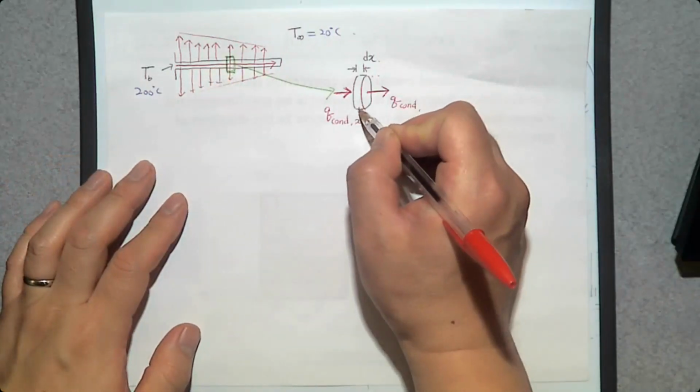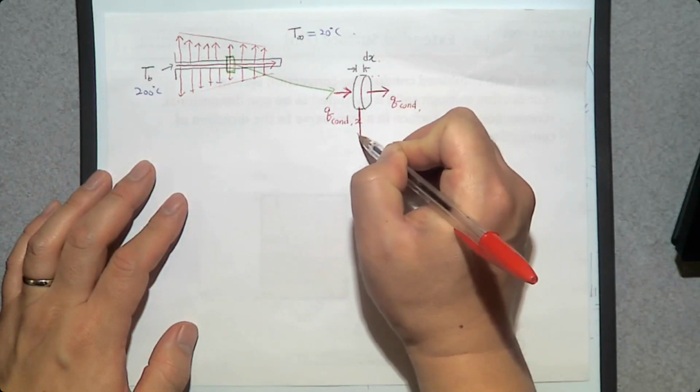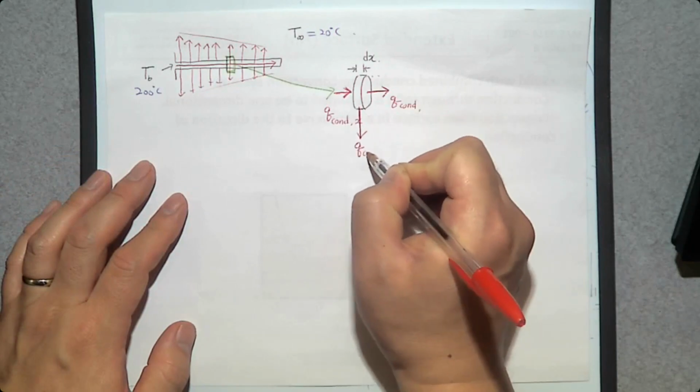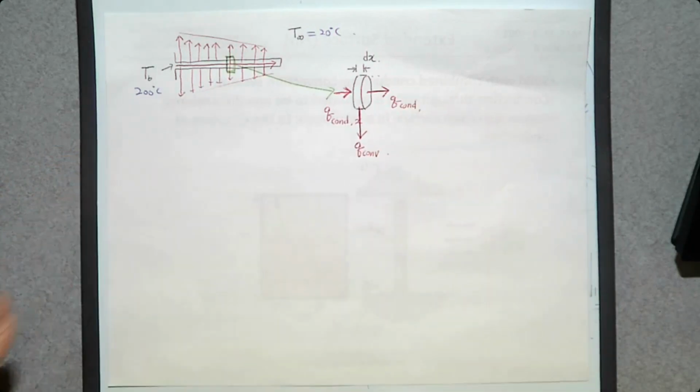So there's a heat transfer to the side, so we have a convection heat transfer. Because of this energy loss, the conduction heat transfer here should be less than the conduction heat transfer going in. So incoming conduction should be greater than outgoing conduction because there is an outgoing convection.